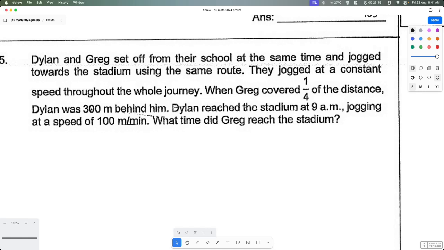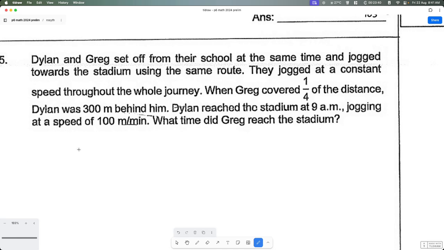Question number 5. Dylan and Greg set off from their school at the same time and jogged towards the stadium using the same route. They jogged at a constant speed throughout the whole journey. When Greg covered 1/4 of the distance, Dylan was 300 meters behind him. Dylan reached the stadium at 9 a.m., jogging at a speed of 100 meters per minute. What time did Greg reach the stadium?